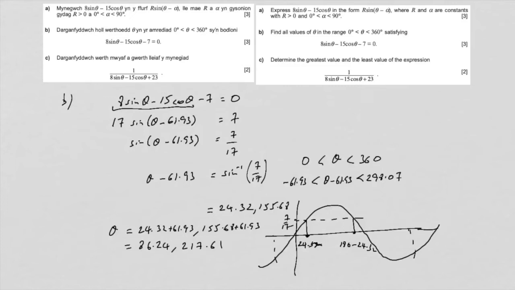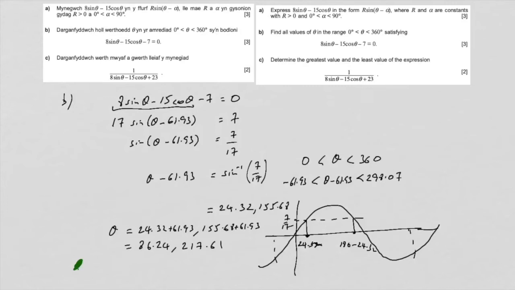Now, either at this point or at the end of the exam when you're checking back through, you could put a mark to remind you that there's an easy check here. You could take one of these values and stick it back in the original equation, to make sure it works.